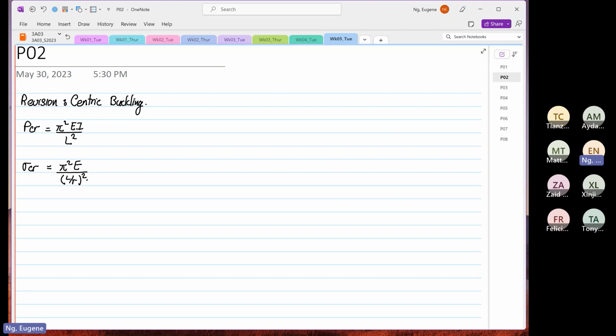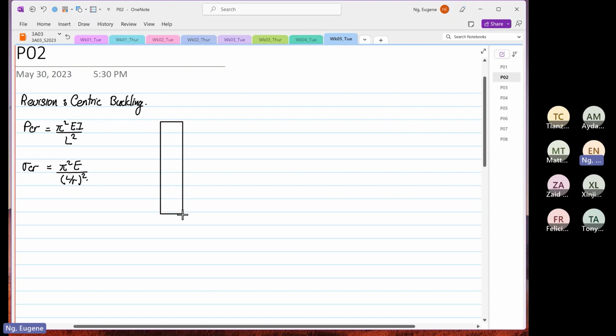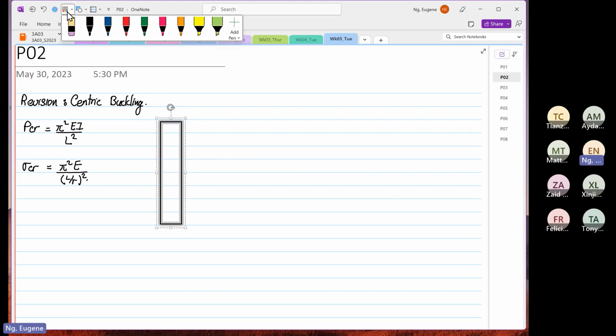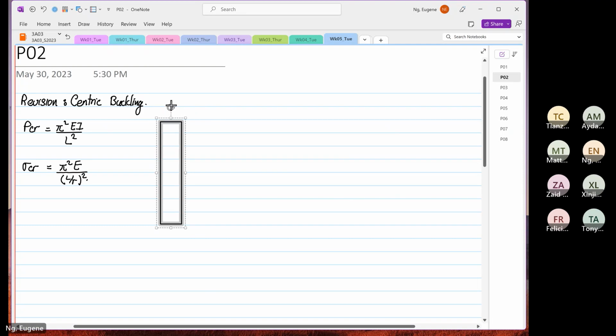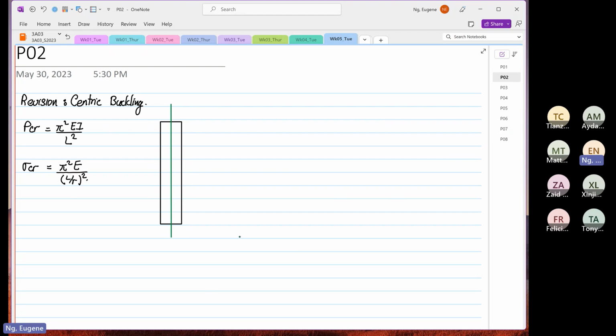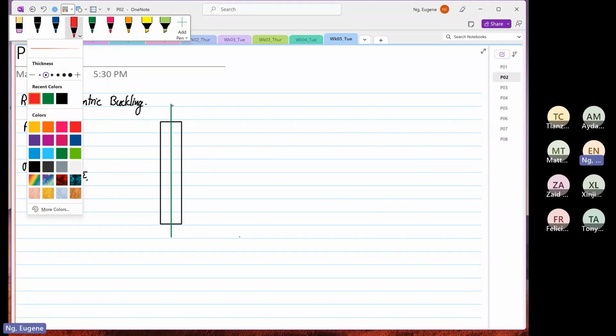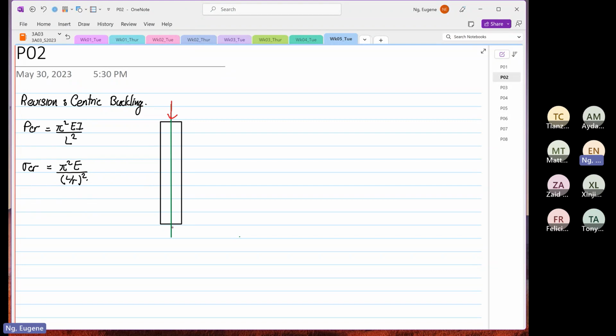When you write your summary sheet, you also need to remind yourself what centric buckling is. So you draw your structure, and then you draw your neutral axis or centroid. The applied force is centric, so you draw the applied force acting on the centroid.